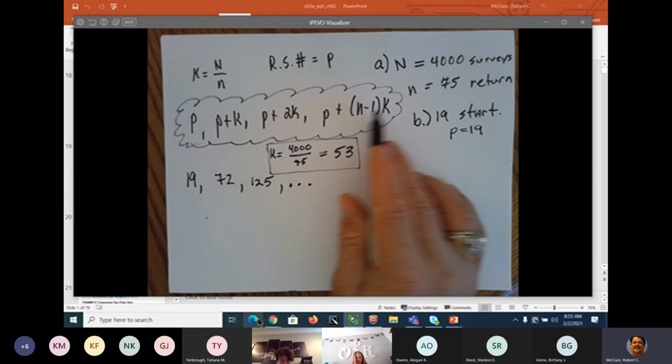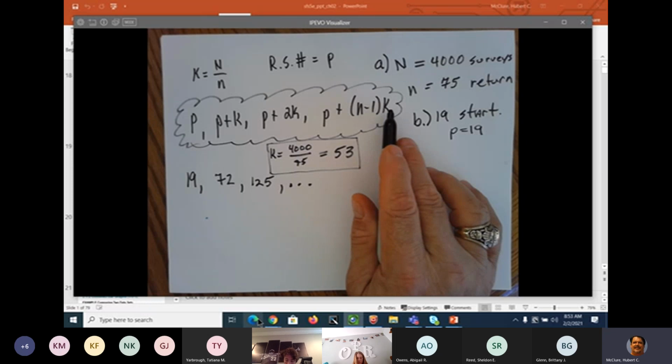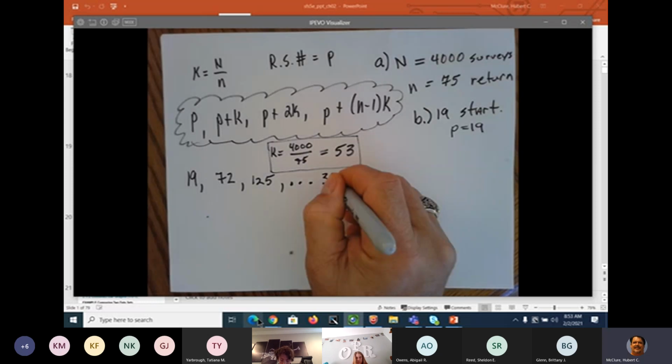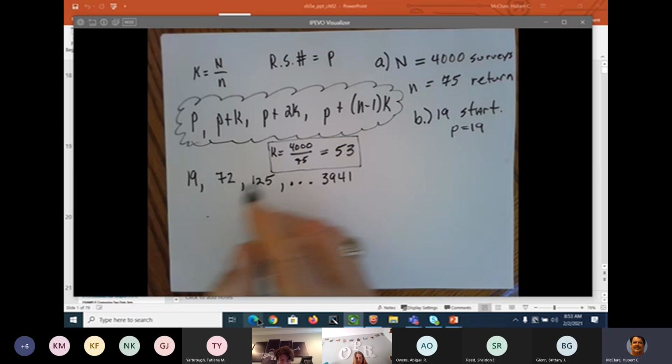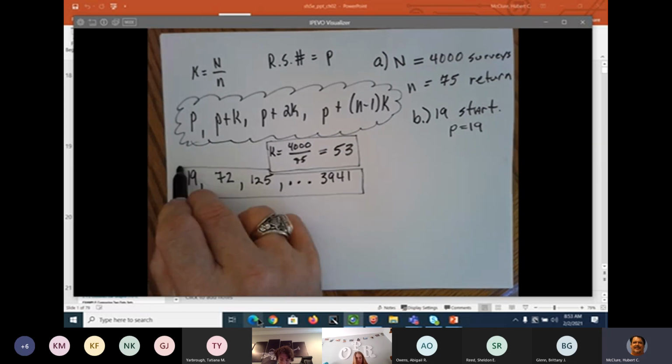So 75 minus 1 is 74. 74 times 53. 74 times 53 is equal to 3922, plus 19 is 3941. And that is your answer to B.